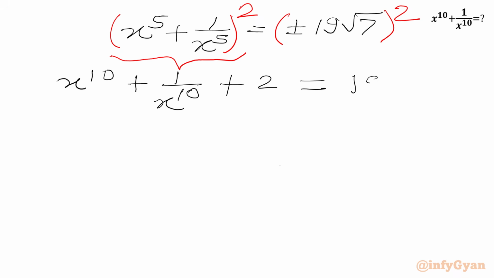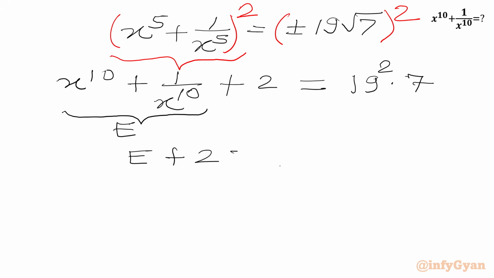Now here I can write 19 square, (root 7) square is 7. x power 10 plus 1 over x power 10 is our required expression E. So we will write E plus 2 equal to 19 square, which is 361, times 7, which is 2527.